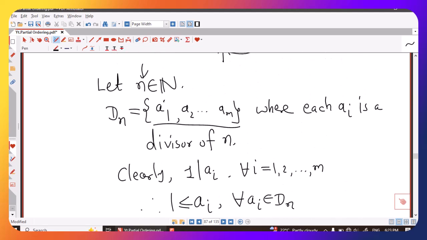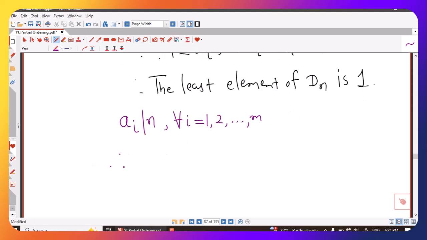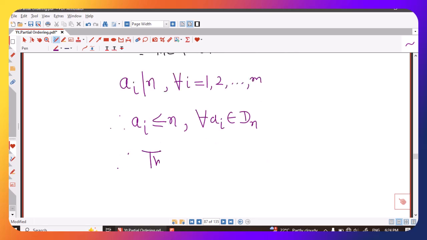Similarly, because all these elements are divisors of n, they will automatically divide n. So it is also clear that every ai divides n, because a1, a2, up to am are divisors of this natural number n. That means ai is related to n for every ai belonging to Dn. This shows that the greatest element is n, and n itself is a divisor of n, therefore it exists in Dn.